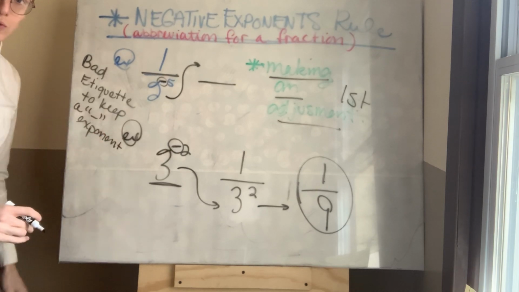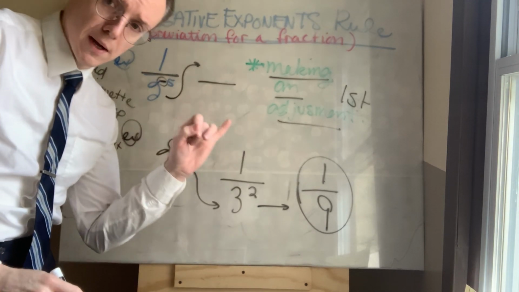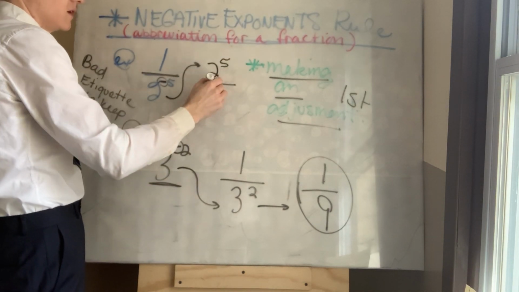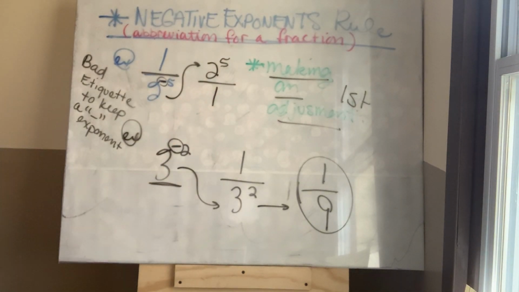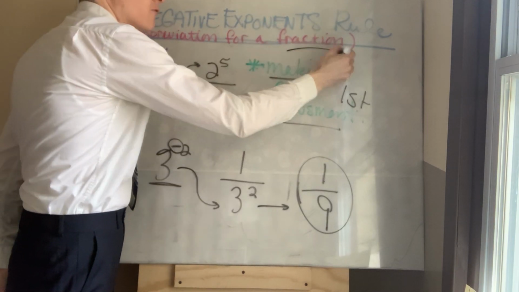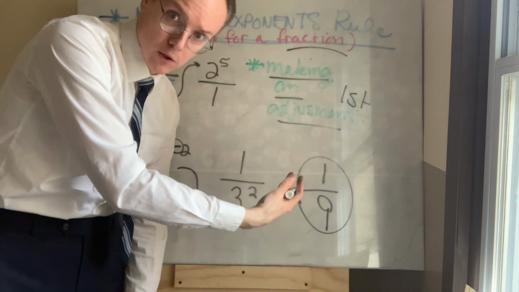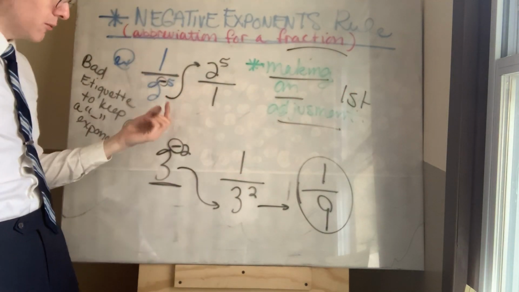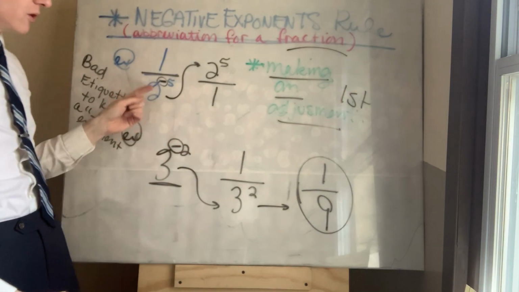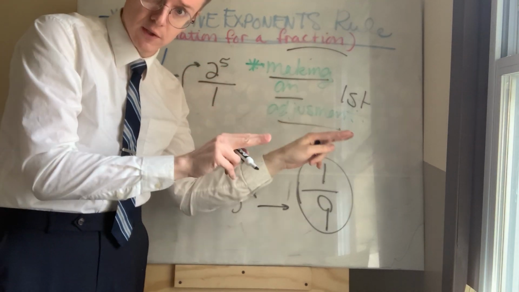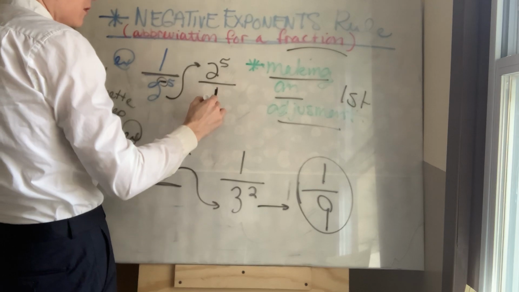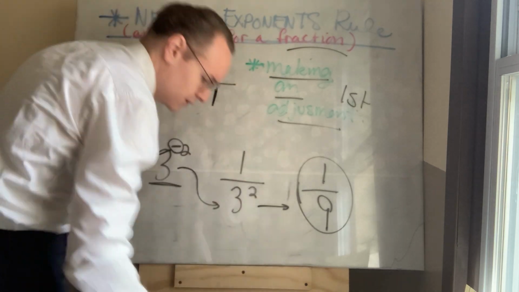To conform ourselves to good manners, if you will, we move this and it becomes 2 to the 5th on the top tier. If you don't want to say the word fraction, it is making reciprocals, which is a fraction flipped upside down. Whether it started on top or on the bottom, it's going to the opposite location to adjust it. Anyhow, at that point, the 1 is superfluous. You don't really need it.